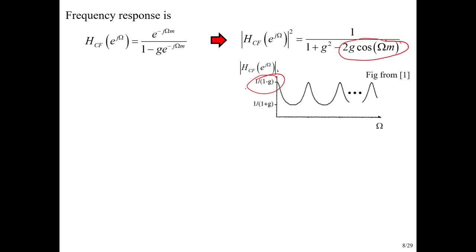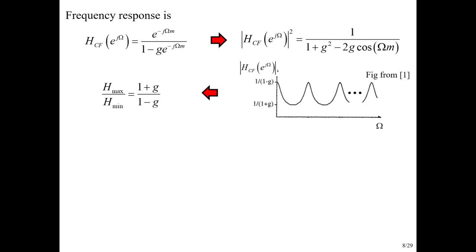So its maximum value is at 1 over 1 minus g, and its minimum value is 1 over 1 plus g. Now, just a caveat, this figure assumes that g is non-negative and also not equal to 1, so strictly between 0 and 1, non-inclusive.